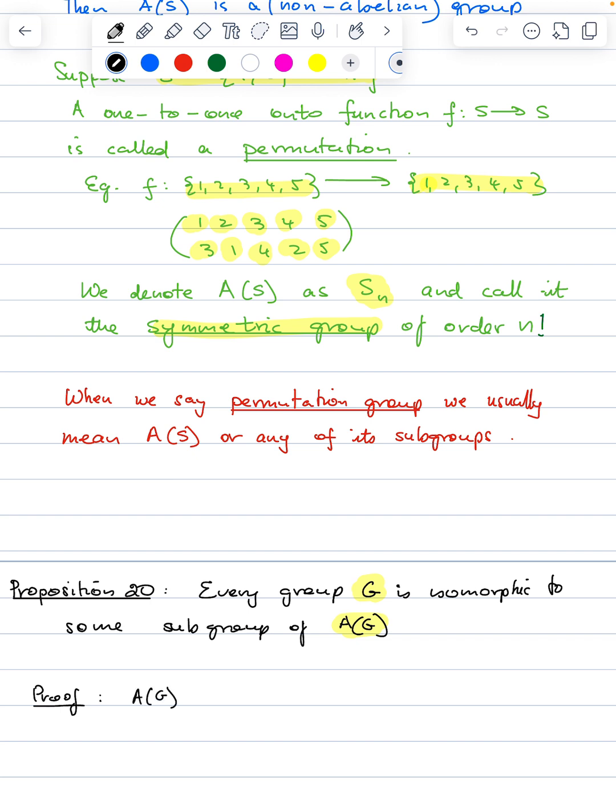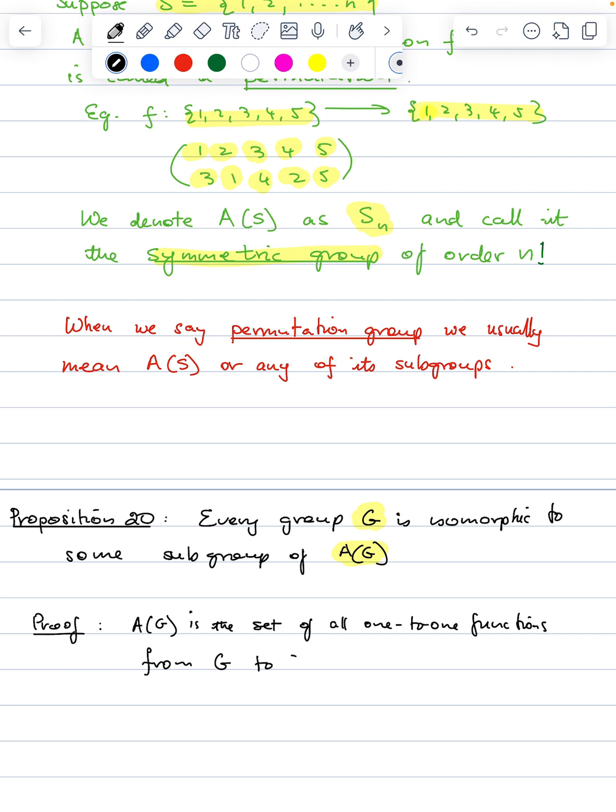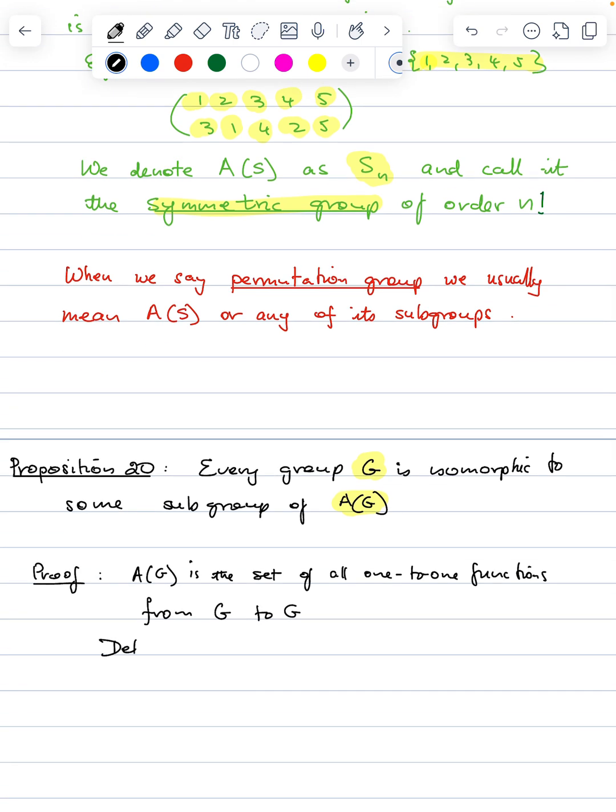So A of G is the set of all one-to-one functions, right, from G to G. And define F subscript A like this: F subscript A of X equals AX.